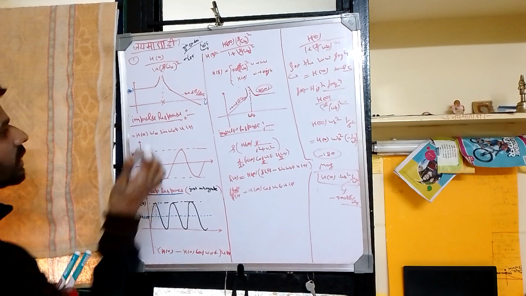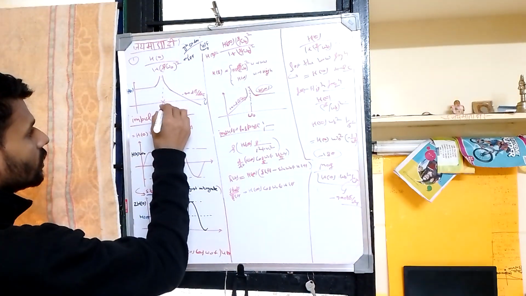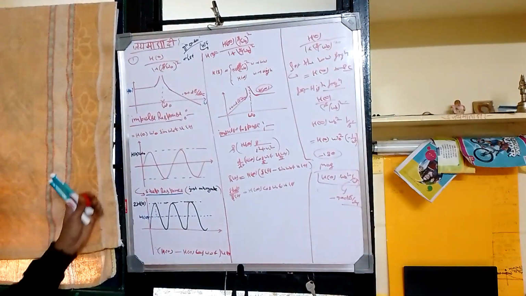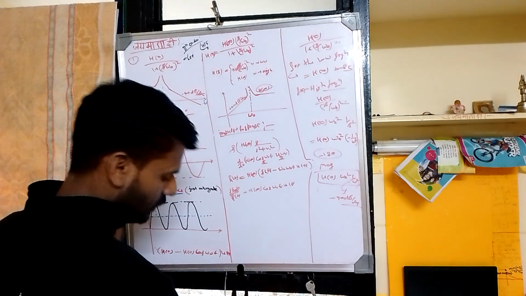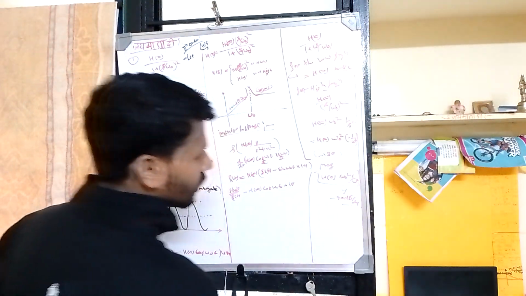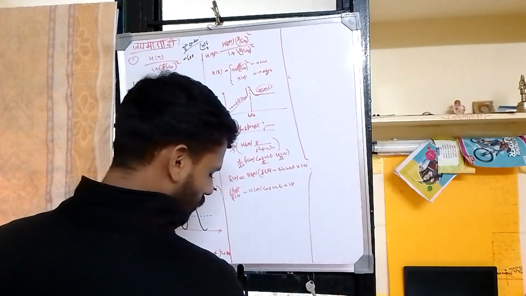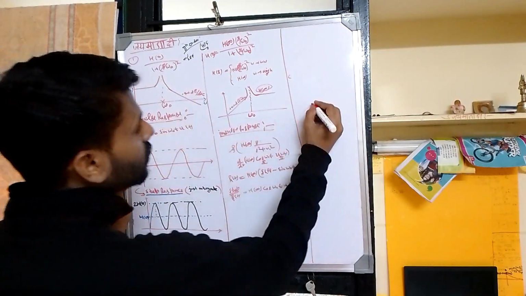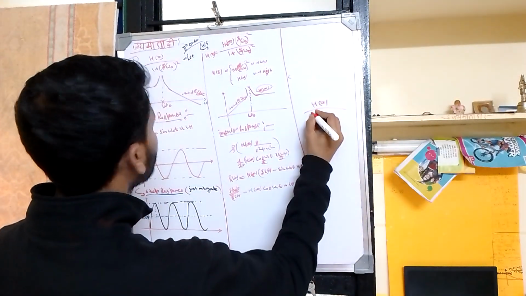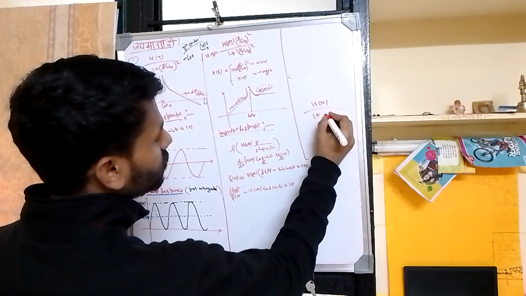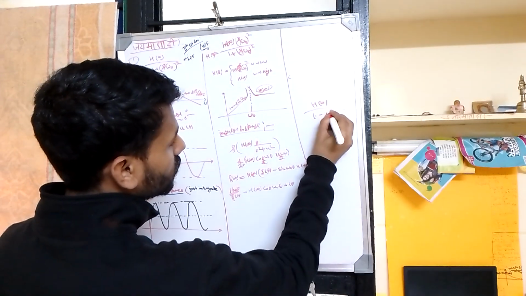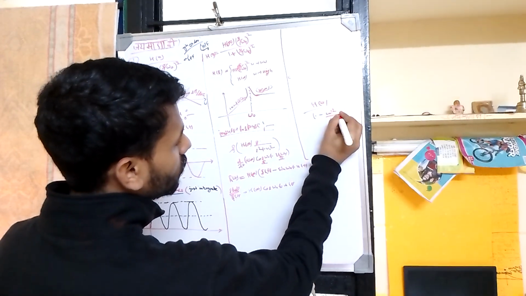And at omega naught, what will be the amplitude? At omega naught, H(0) divided by 1 plus s, putting s equal to j omega, becomes minus (omega by omega naught) squared.